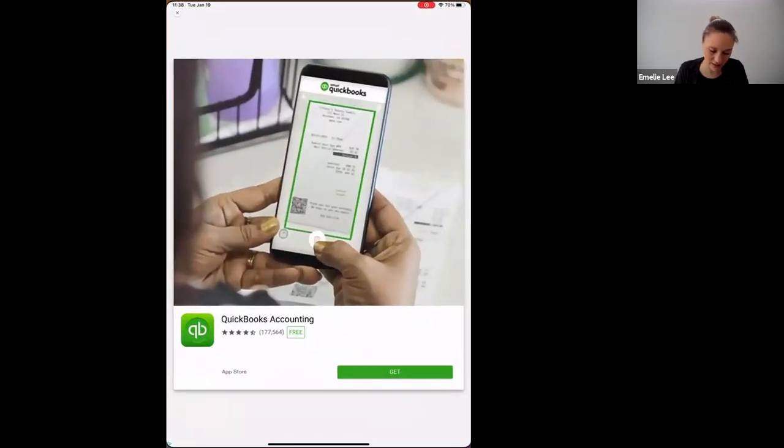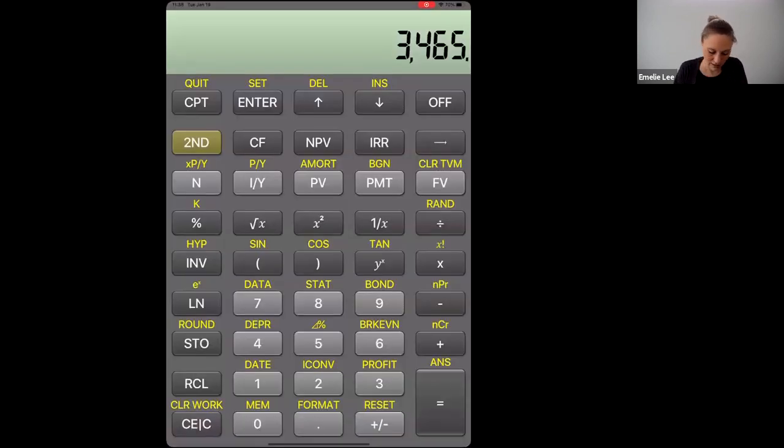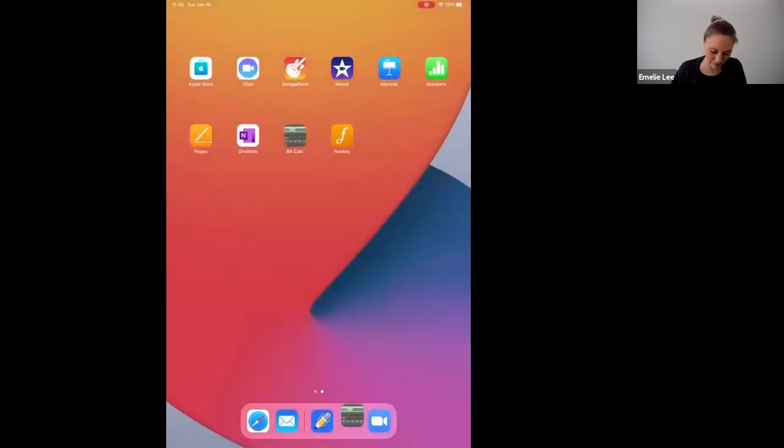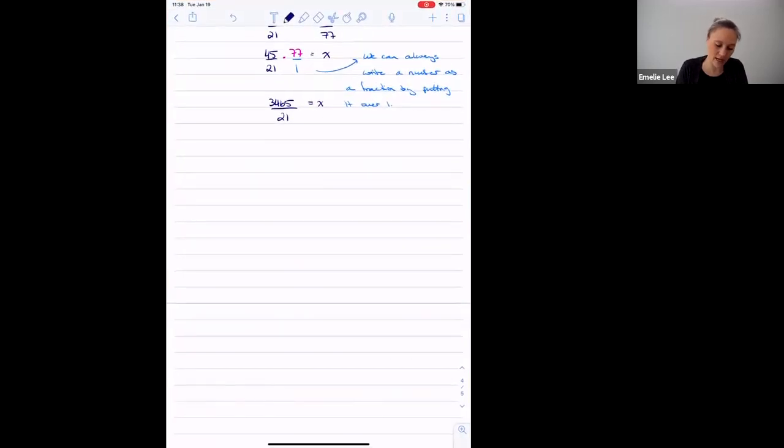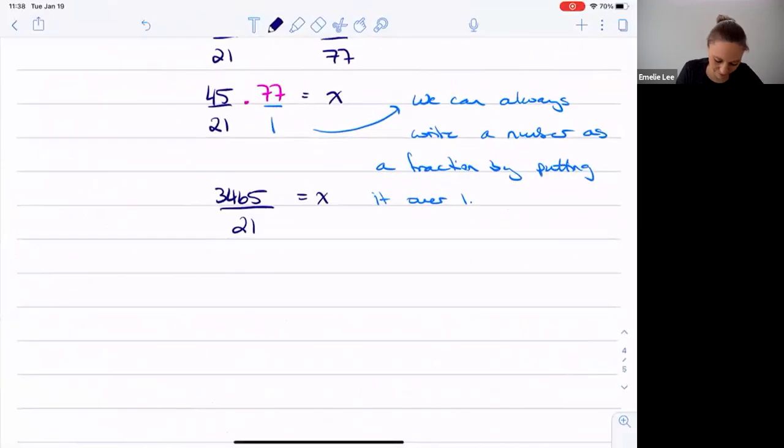Let's go to our calculator. Divided by 21, it works out to a whole number. So I should always try to see if it becomes a whole number, and in this case it did. 165. So x is equal to 165.